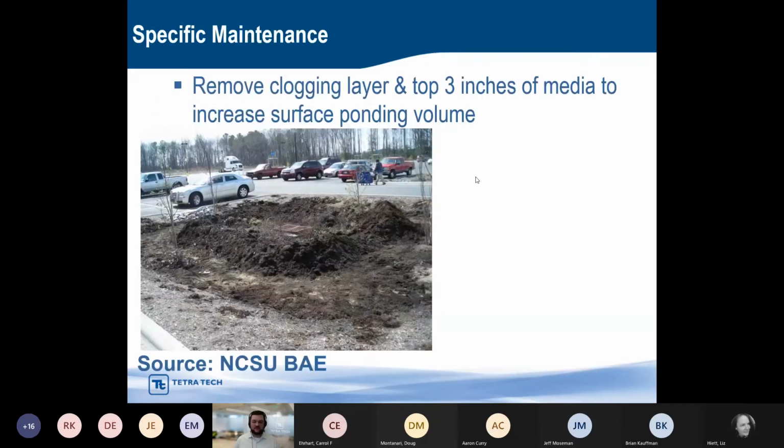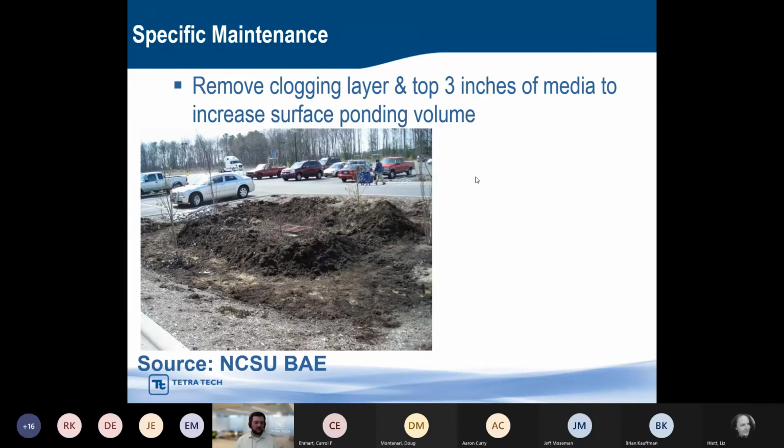Some other specific or specialized maintenance is needed if you have a soil media. So this could apply to bioretention areas or to sand filters, or really any type of infiltration practice, even if it's an extended detention basin or an infiltration basin. We may have to go in and clean out that media every once in a while as well. So if we have a lot of fine sediments in our watersheds, it may have to happen a little bit more often than every few years. But this is something generally we're seeing every 4 to 6 years or so.